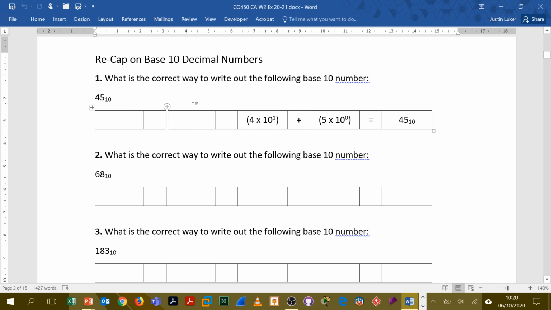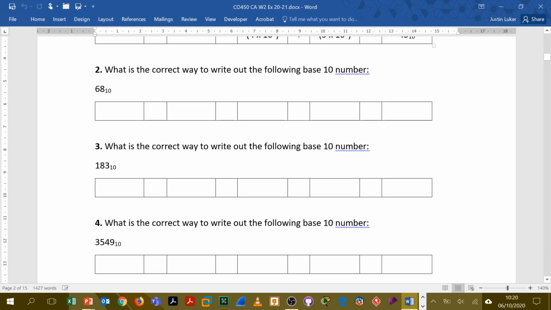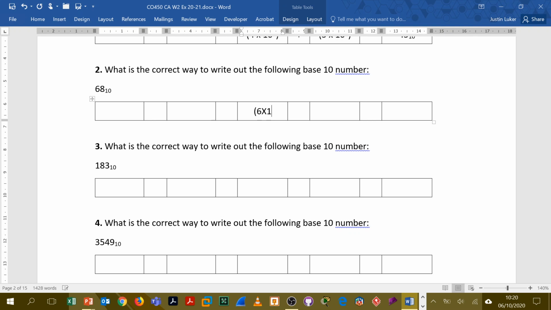And it's data representations that we're interested in here. So we've got another couple of examples, which I'll go through. So we've got 68 as we recognize it. So if we want to write that out, we could put 6 times 10 to the 1.